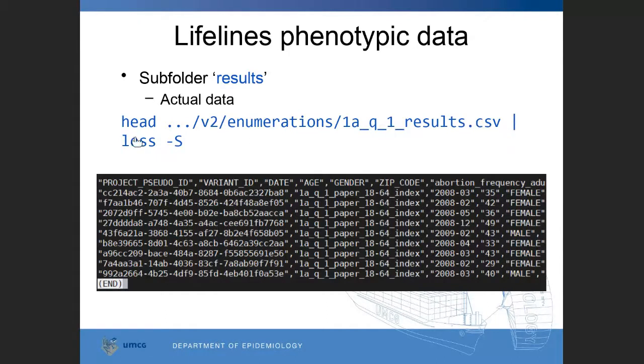If I look within this 1AQ1 results file with less -S, which means I want to scroll through the file but truncate the lines to the screen width, then you get these results, and there's a lot of data within this file.